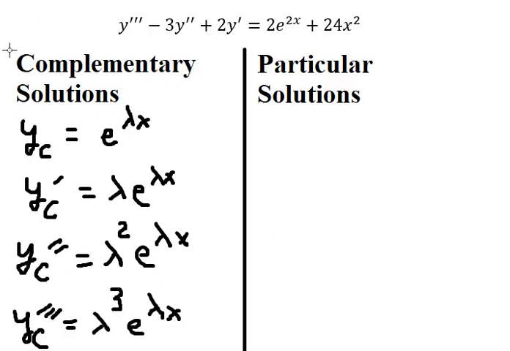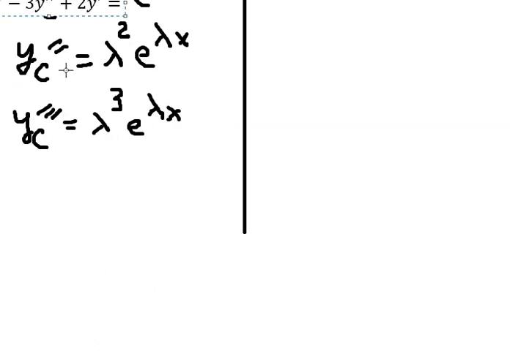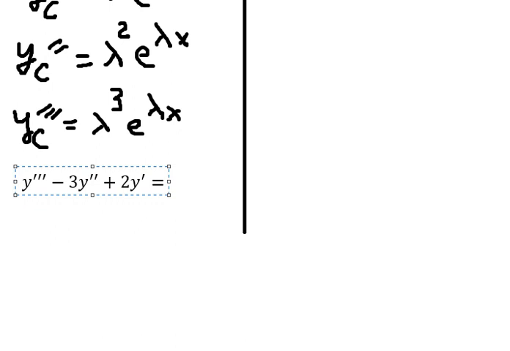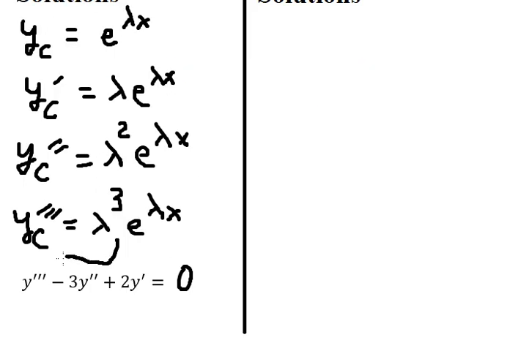Now this one is about complementary solutions, so I will put this one equal to number 0. So I will put this one in here, this one in here, and this one in here.